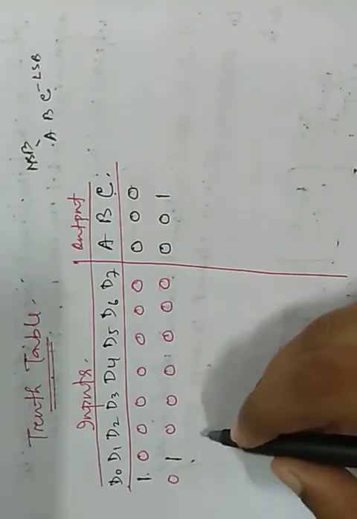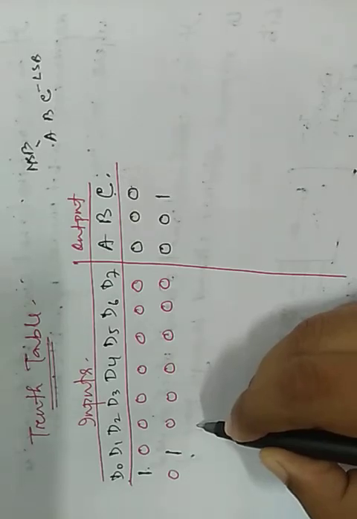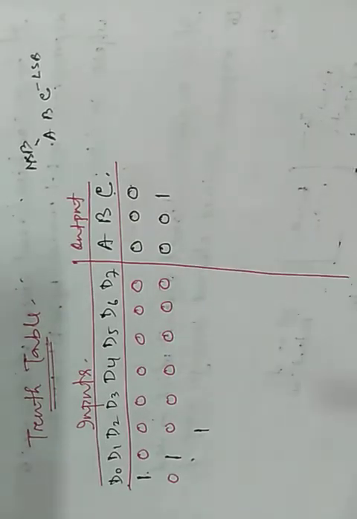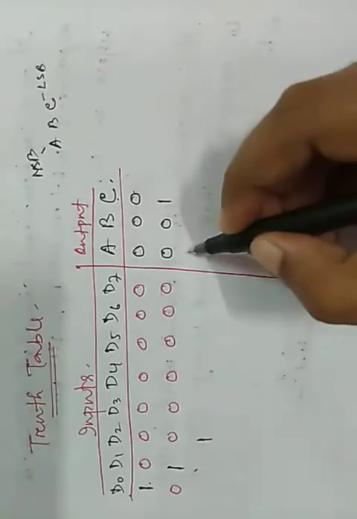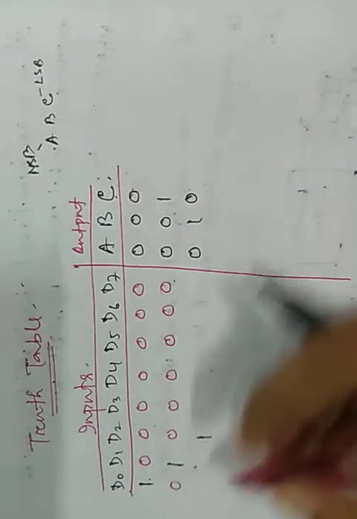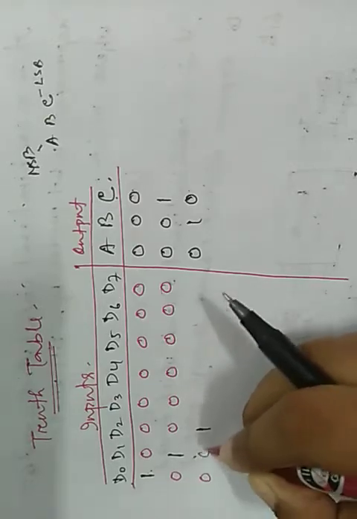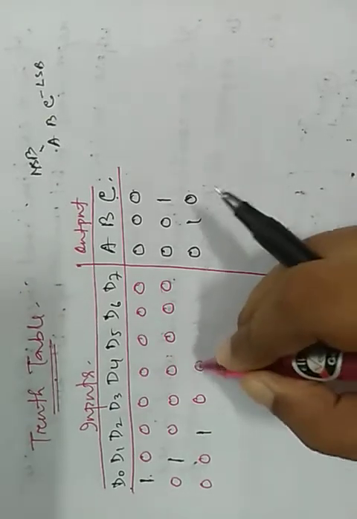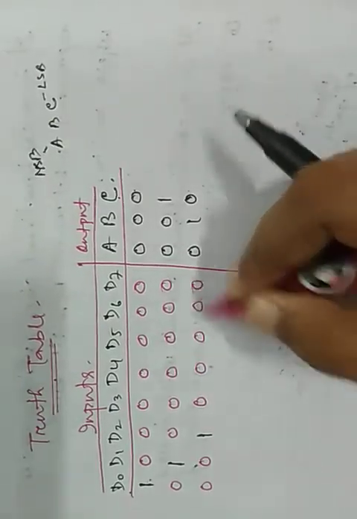Similarly, if D2 is 1, we have ABC 0, 1, 0. So all other input values are 0.